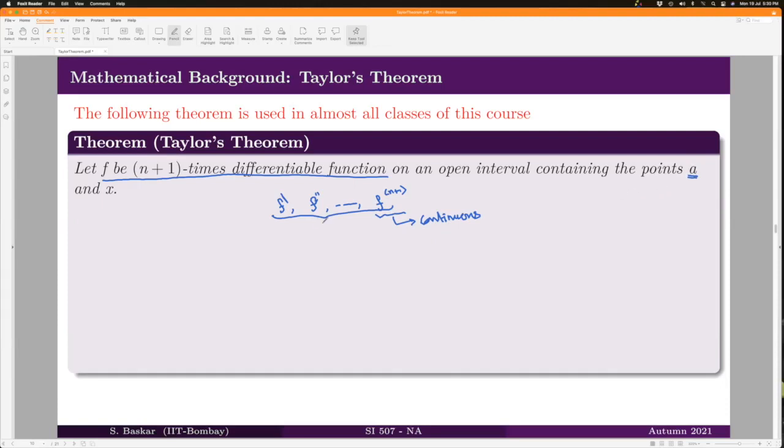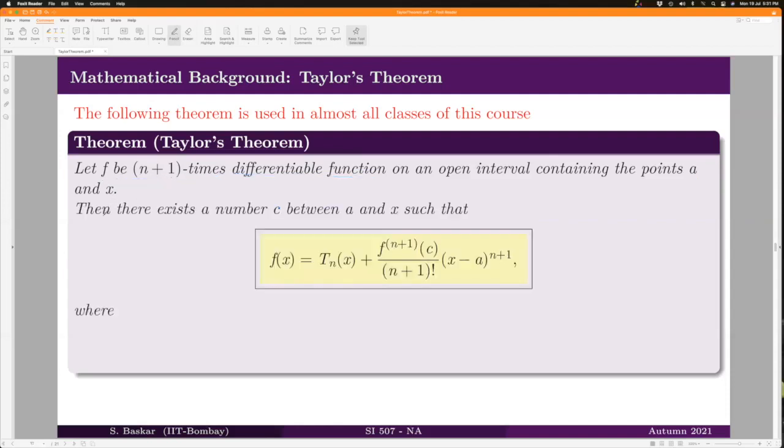So once you are given this much, we of course know that we can approximately write f of x by, in fact, T_(n+1) of x we can write, but for some reason we will only restrict to Tn, and you will see that the higher degree term will be written as a remainder.